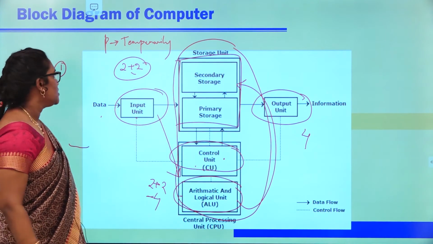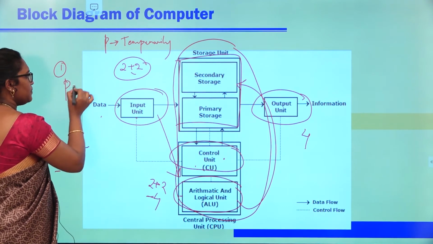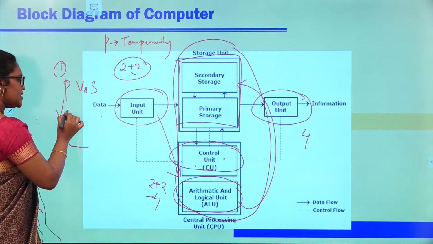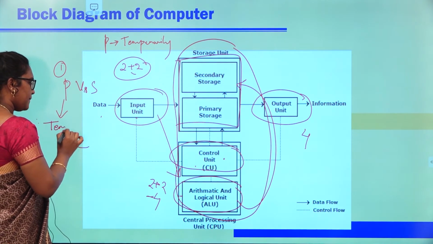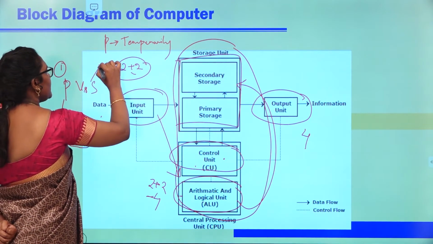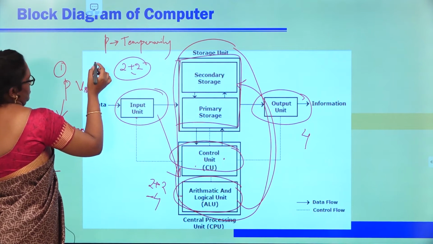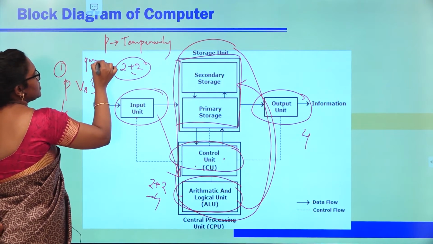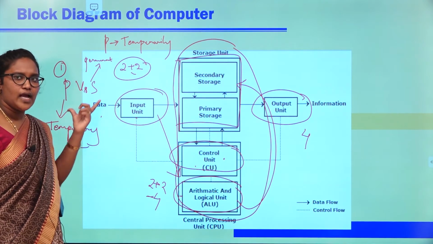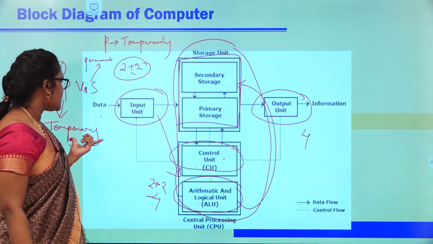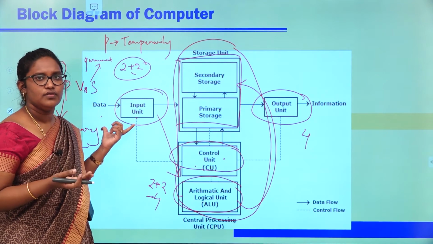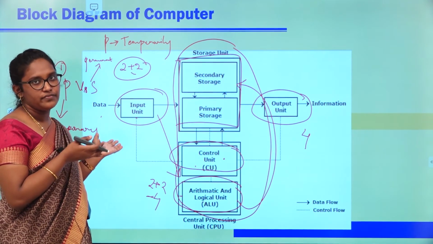secondary storage. So if you know the difference between primary versus secondary, primary is always a temporary storage, secondary is always a permanent storage. Why we are saying temporary and permanent: in case of temporary, once the computer is turned off, obviously all the data will vanish.